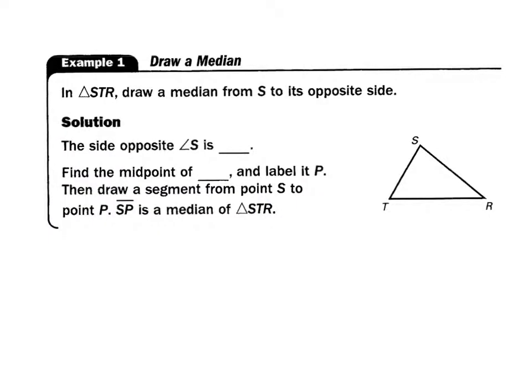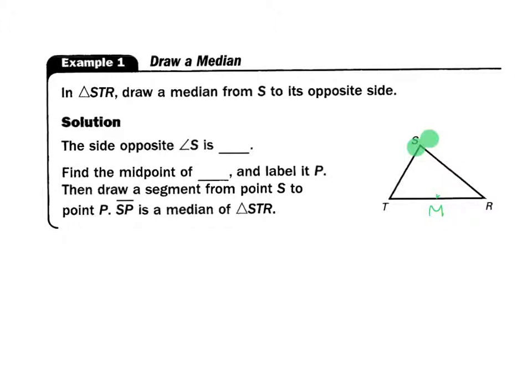Let's look at an example here. In triangle STR, we have to draw a median from S to its opposite side. So S is right here. And then the median to the opposite side: if you use your ruler and measure the length of TR and cut it in half, that will be our median right there.